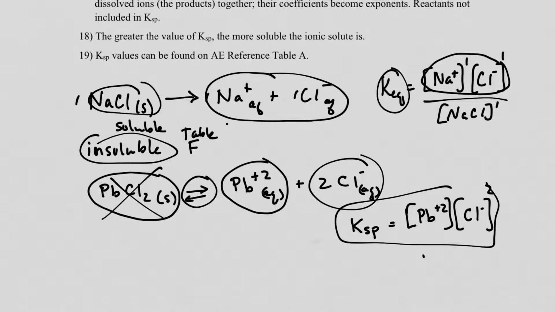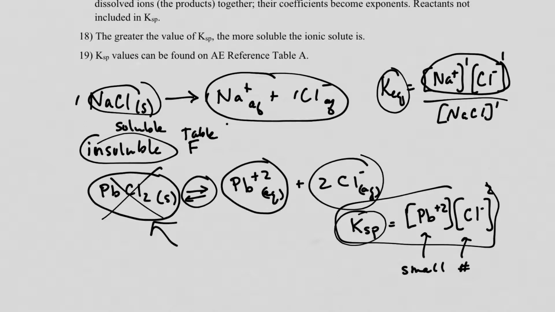And so the idea is that these two numbers are going to be very, very, very small numbers, because there weren't a whole lot in there. And if you were dividing that by the concentration of the original substance, the denominator would be so large compared to the numerator, that this number would just be ridiculous. So the value of Ksp is used to compare the solubility of lead chloride to another insoluble salt.